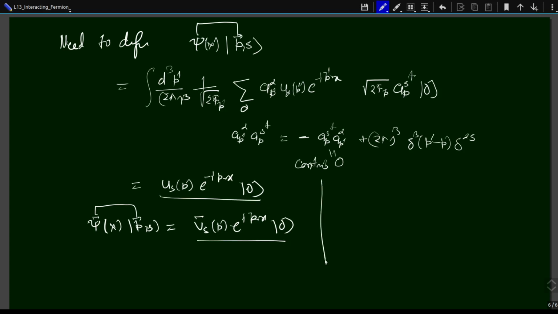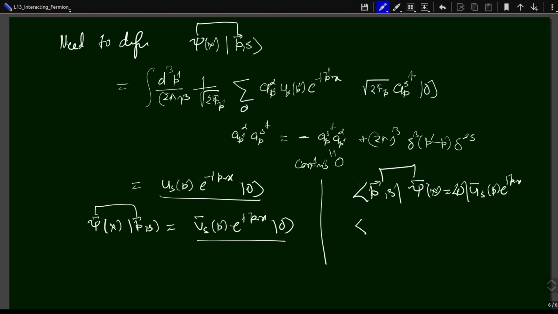Okay, so this is a very important part of the Feynman rules, this guy and this guy, and it can have a conjugate also. Pardon me, P S as a final state, and of course if I have to derive it from this guy, I will have psi bar of x contracting with that, and that will give me u bar S of p, exponential i p dot x, and the other contraction is 0 times this.